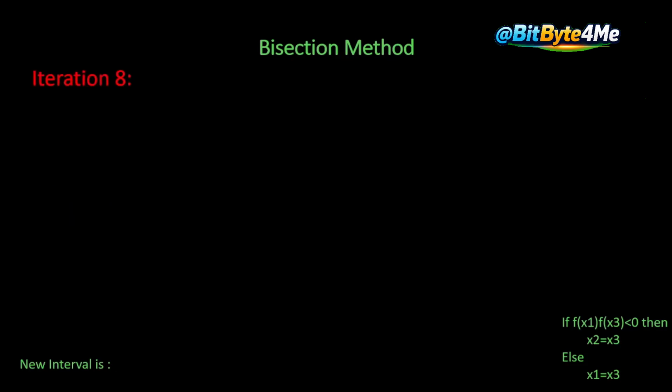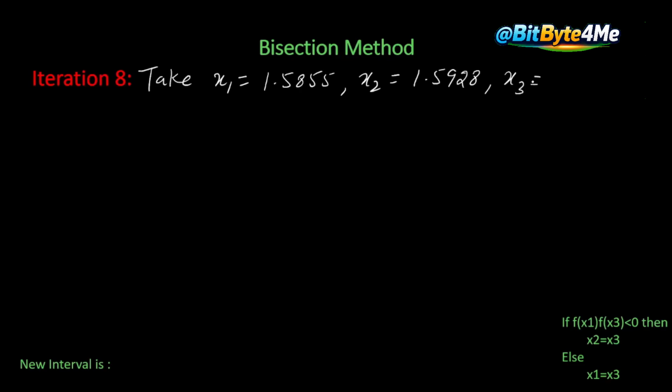So take x1 is equal to 1.5855, comma, x2 is equal to 1.5928, and x3 comes out to be 1.5892.